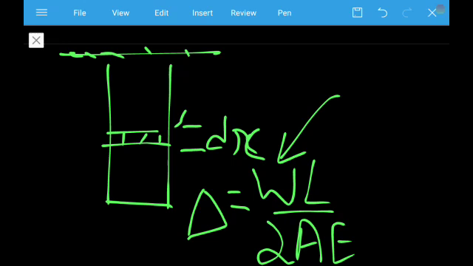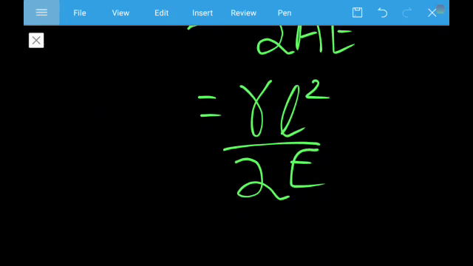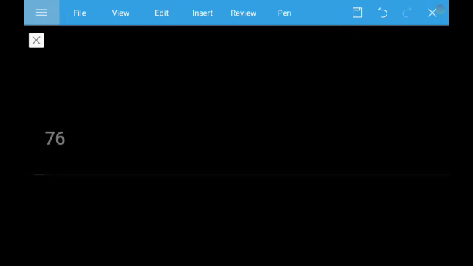Gamma is the specific weight, that is weight per unit volume. L is the length, and E is the Young's modulus of elasticity.